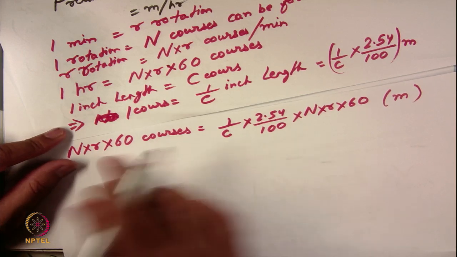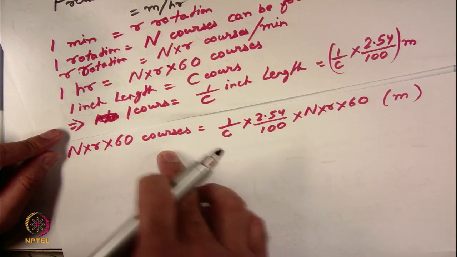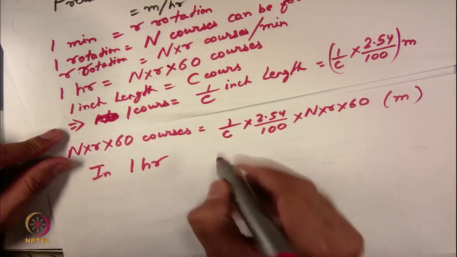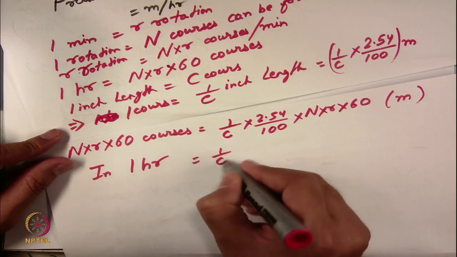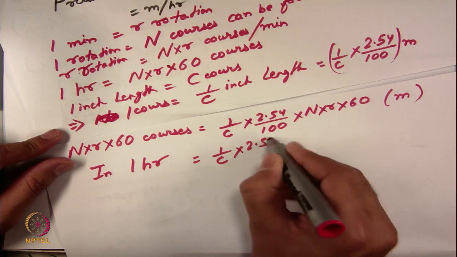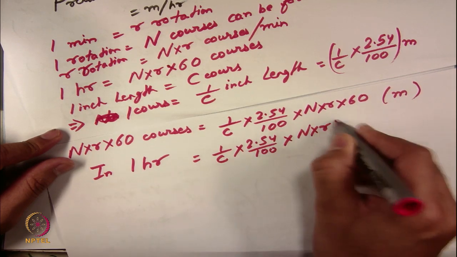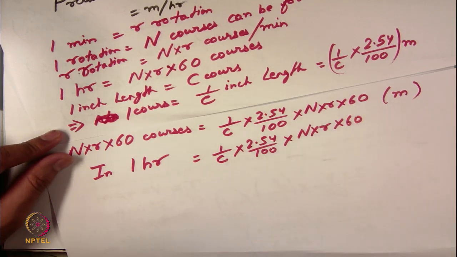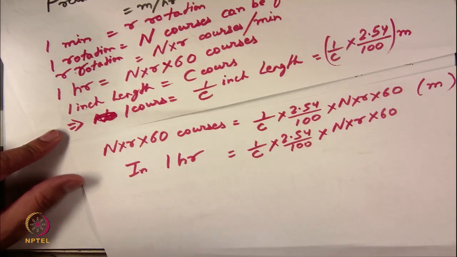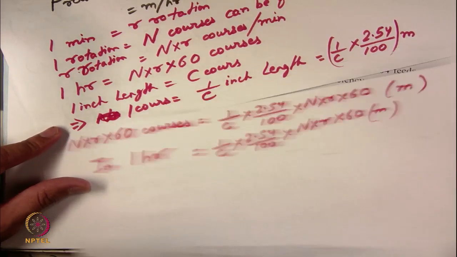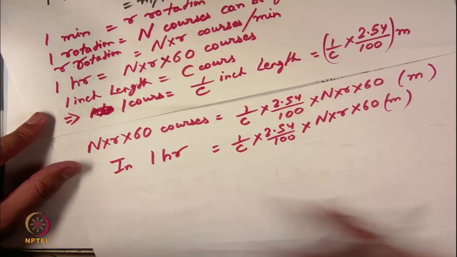How much time are we taking to make this many courses? 1 hour. So, in 1 hour we are producing 1 by C into 2.54 by 100 into N into R into 60. Okay, so this is the actual production.